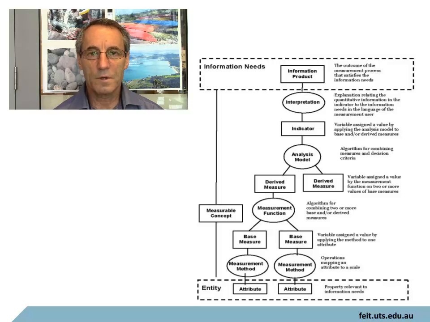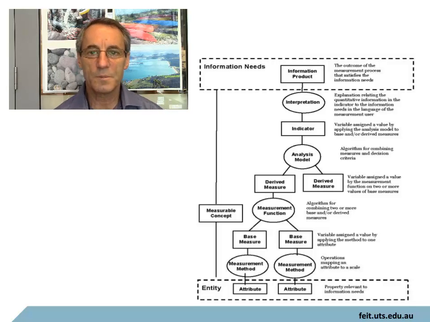It's probably not very clear on the slide, so I might have to do something about giving you a separate diagram of it. This is taken directly out of ISO 15939, the software measurement process standard, and I've yet to see a better one.